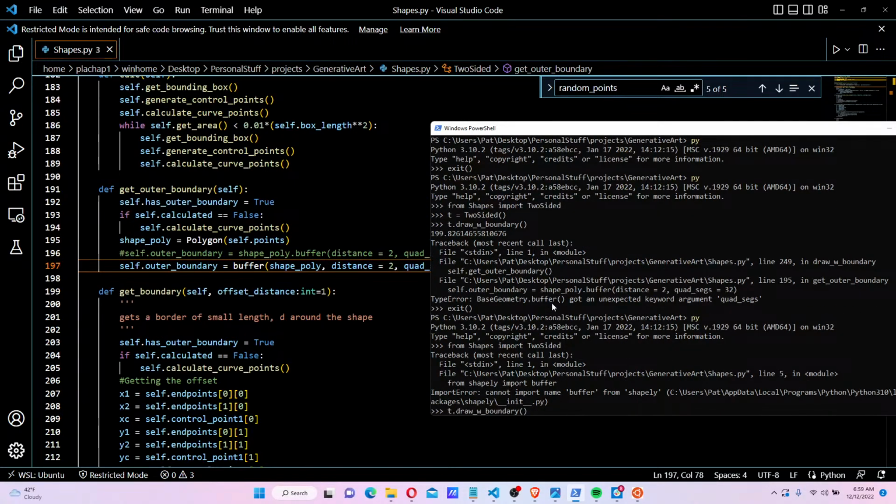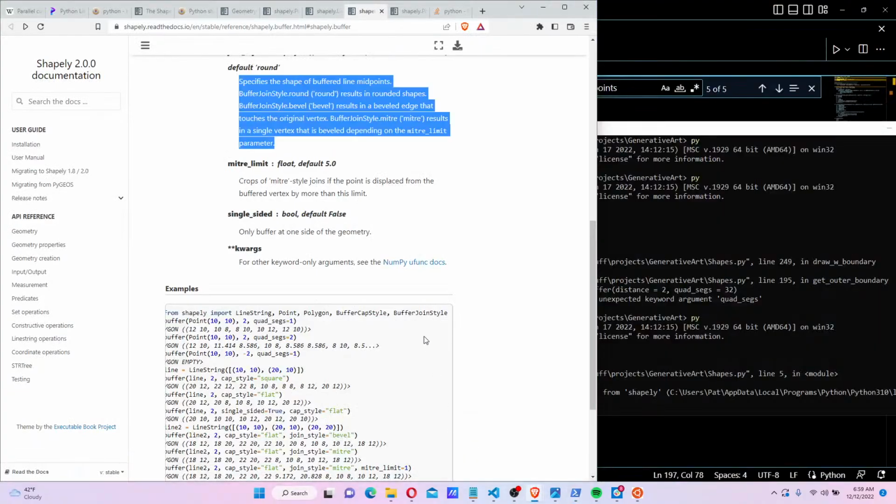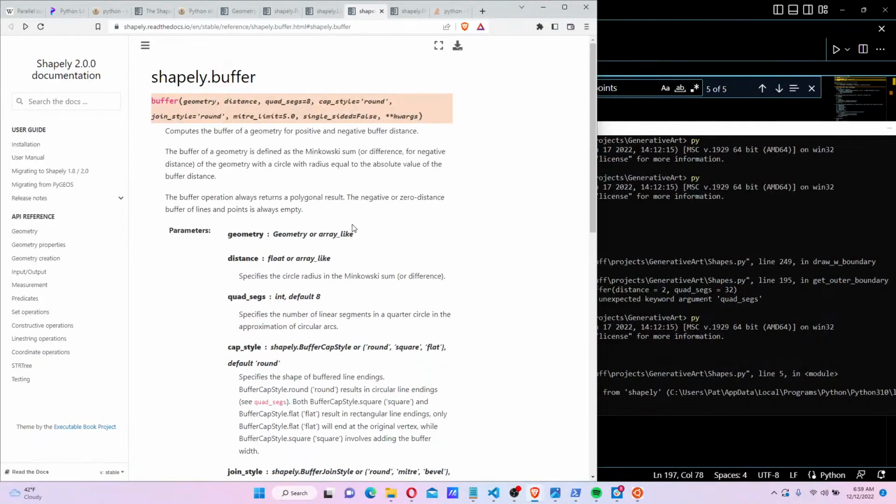Oh, cannot import name buffer from Shapely. Shapely.buffer. From Shapely import buffer.